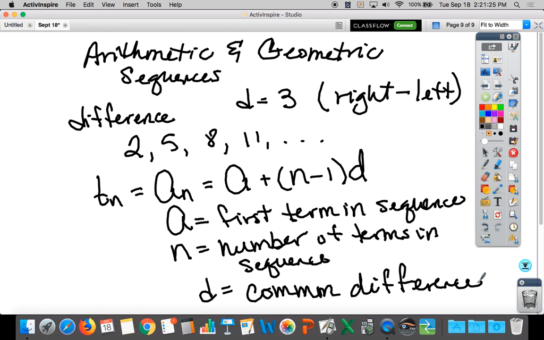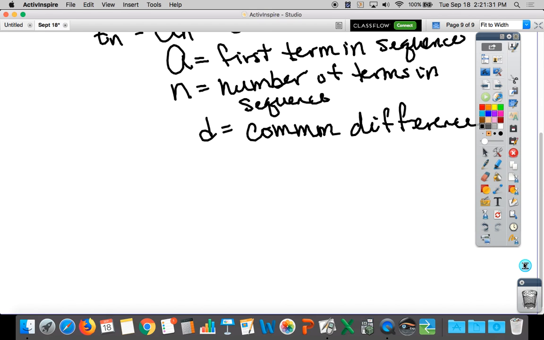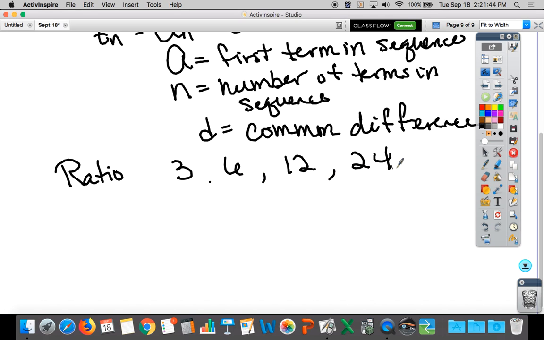Okay? So let's go over to the next side of the line. It says a geometric sequence is a sequence of terms that have a common ratio. Now, obviously, we can look at this and we know that these are not going down by the same amount, or going up by the same amount. That's very obvious.